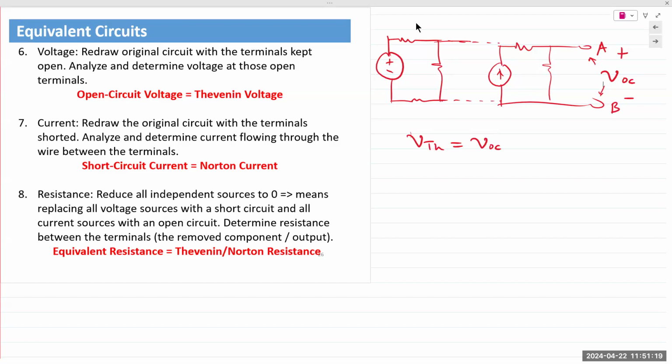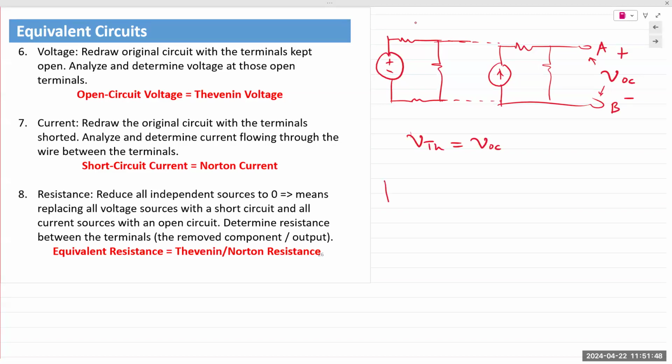You remove the component only if the problem statement states it. If the problem statement asks, analyze between terminals X and Y, then you do not remove anything. You simply begin your analysis. That makes sense to everyone? Right? So again, Thevenin voltage does not require any modification to the circuit, except at the beginning if you need to remove the component.